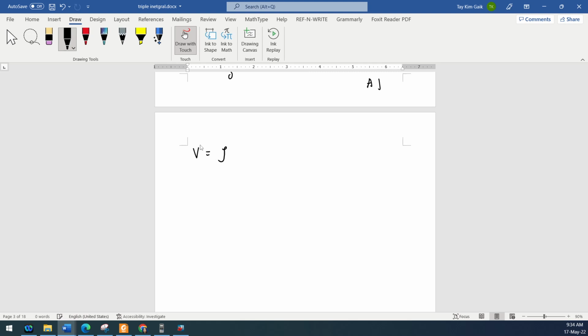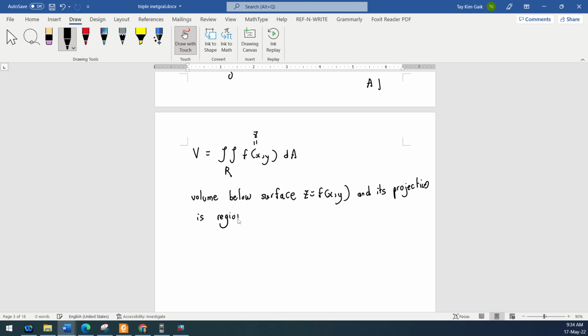You can find V, which stands for volume, using the integral of f(x,y) dA, where this is actually the volume below the surface z equal to f(x,y), and its projection is the region R. Let's say in the xy plane this is a region R, with x and y axes.